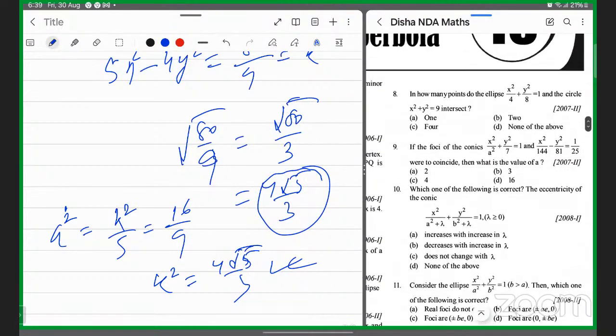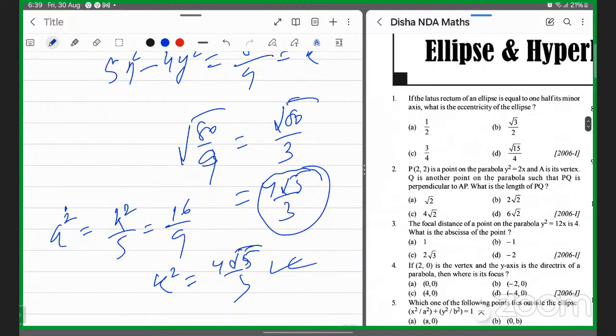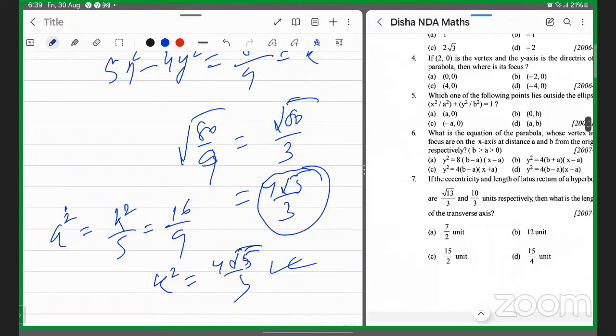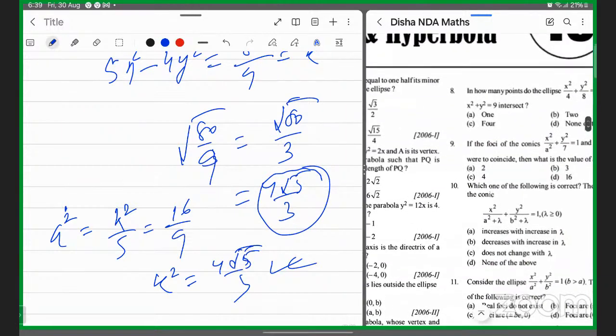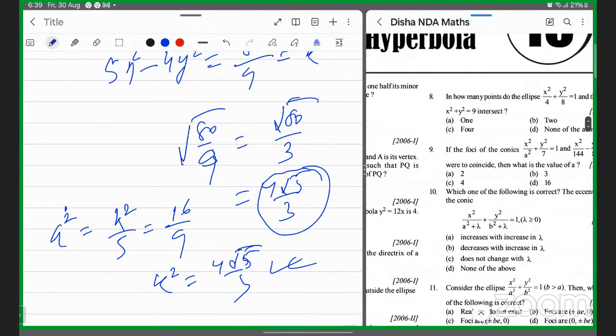Now solve 10 number questions. I think you can solve rest of the questions. Okay. Yes, sir. Solve up to 8. Hurry up.